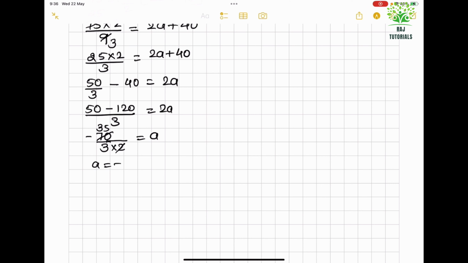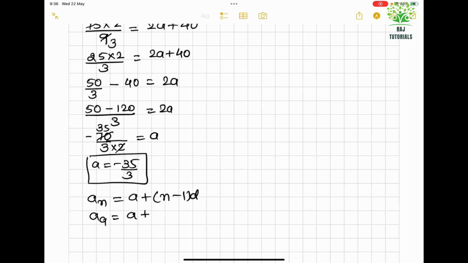So a equal to minus 35 by 3. Now I got value of a, I know d and I know n also. So I have to find an equal to a plus n minus 1 d. Now a9 will be equal to a plus 8d.